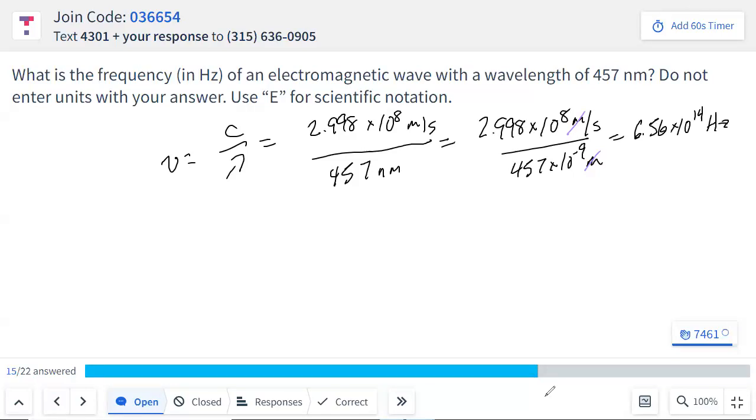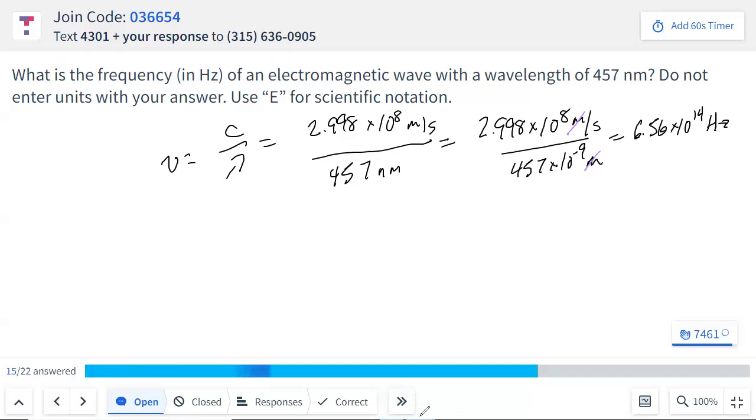And so if you tell it to divide by 457 and then multiply by 10 to the negative 9th, it's going to treat those as two separate things. Now, if you use the scientific notation button on your calculator, it should treat it as one thing, because it really is one thing.